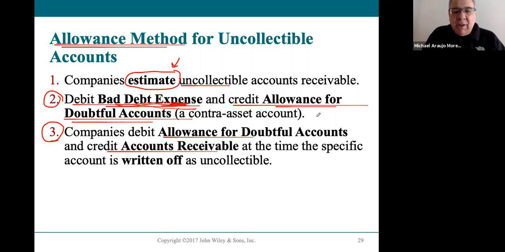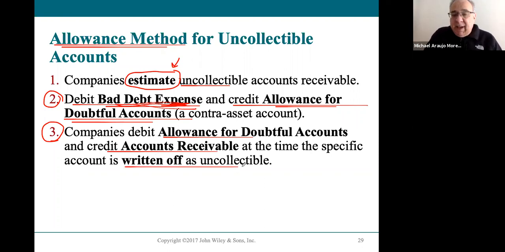So think of the allowance account as sort of a bucket of money that the company has put aside. And as they recognize they're not going to collect any money from a customer, they pull the money from that allowance bucket in order to close the accounts receivable for that customer. Because you don't want to have the accounts receivable there if you already know it's bad, right?